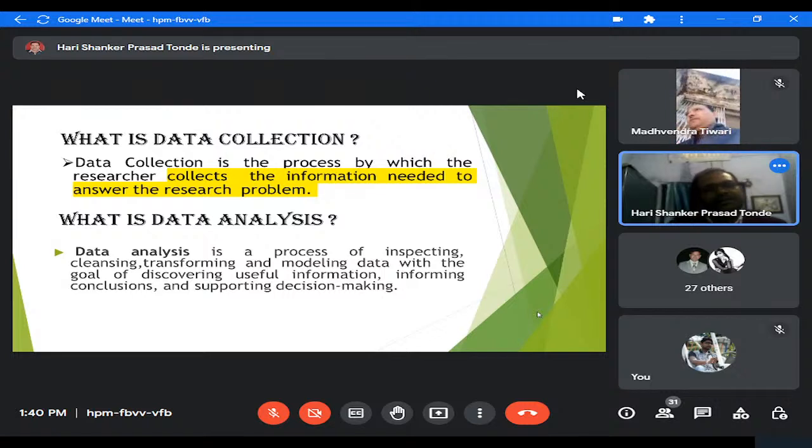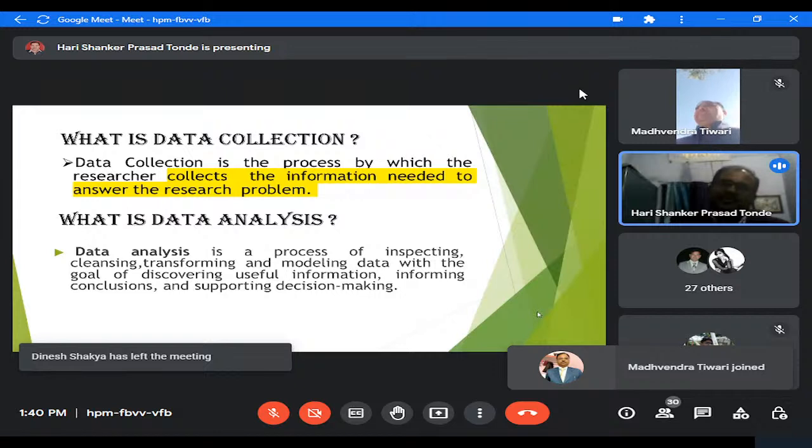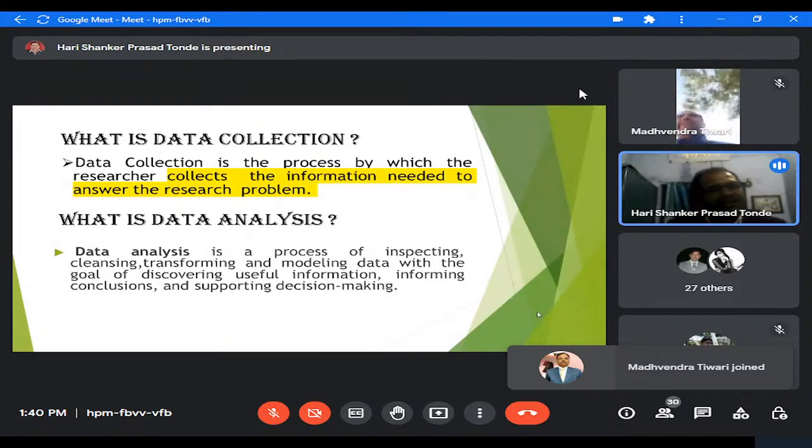And for that, data collection helps the researcher gain knowledge regarding the particular research problem. And for data collection, there are 2 types of data: primary data and secondary data. Primary data means the data which is concerned with direct touch of the particular problem, and secondary is where we get the data from some other sources. Later on, we are going to discuss this.